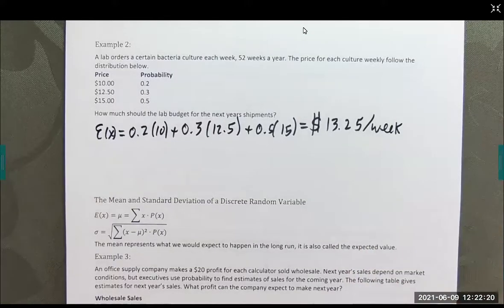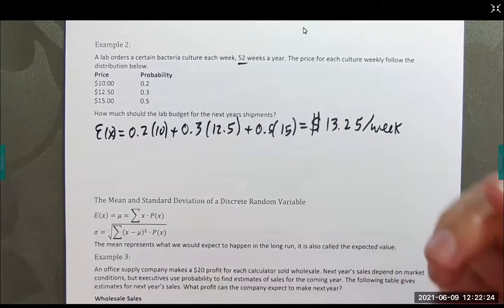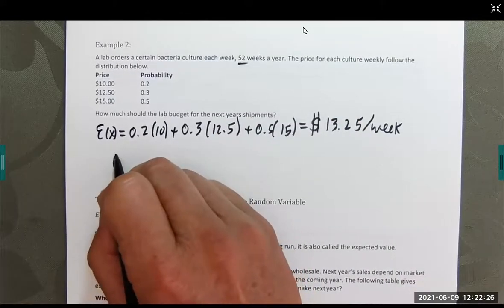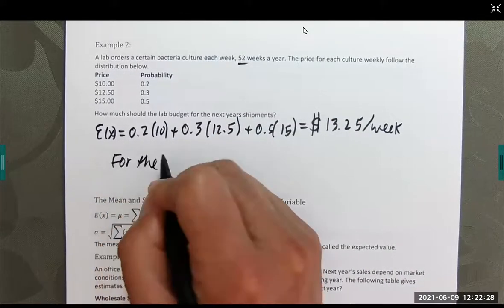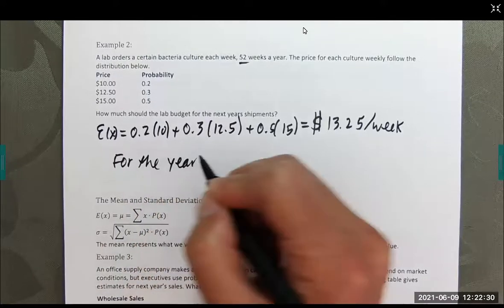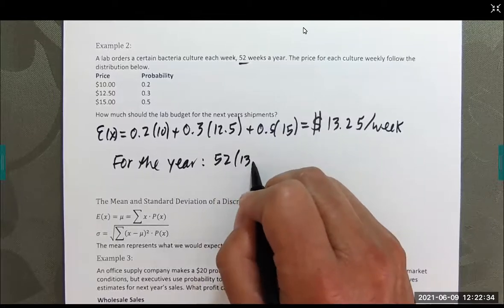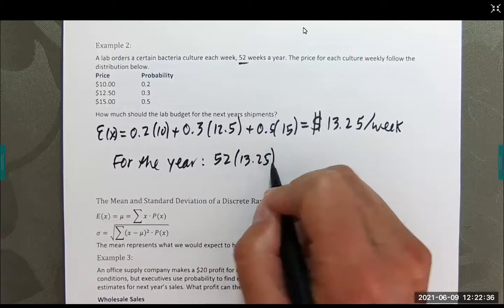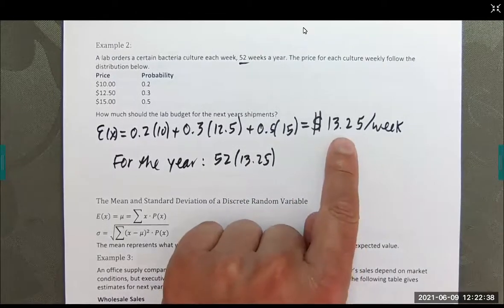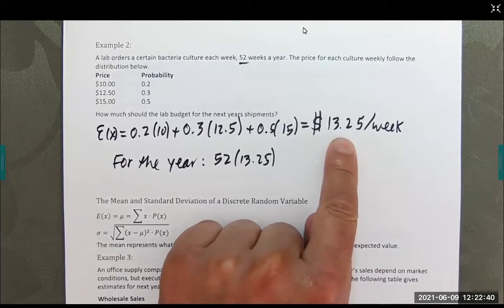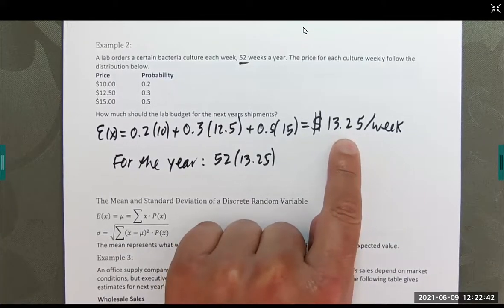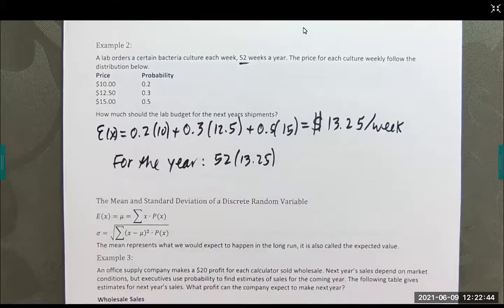So how much should you book for the year? Well, there's 52 weeks in a year. So this is going to be the year. Should be 52 times 13.25, meaning some weeks it'll be more than this, some weeks it'll be less than this. But if we make this about the average and multiply it by 52, that'll give us a nice healthy budget.